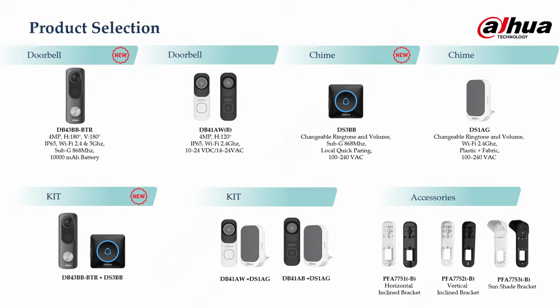You can have up to 24 volt DC or 24 volt AC, and you also can have an external chime to warn you about the visitor. It is also easy to buy in a kit, since it is quite an obvious solution, and we offer you some accessories.